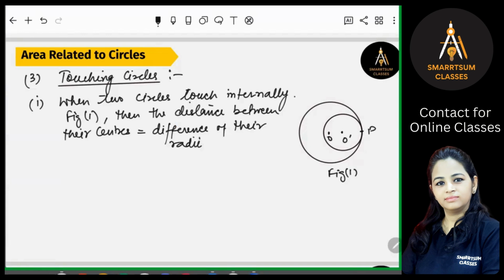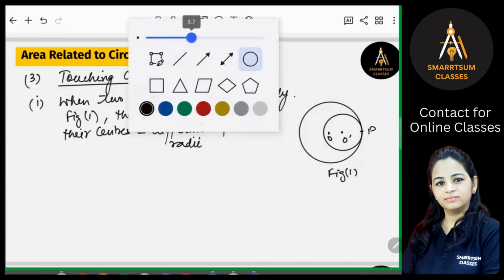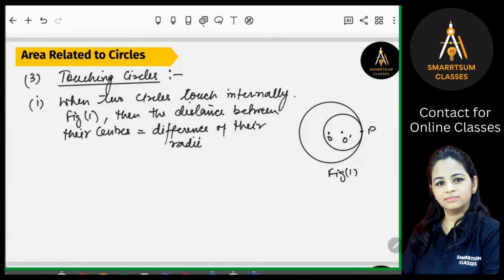Is that clear? That means this distance between their centers, from this to this, will be the difference of their radii. OP and O dash P are the radii, right? So if we subtract them, we will get this distance OO dash.